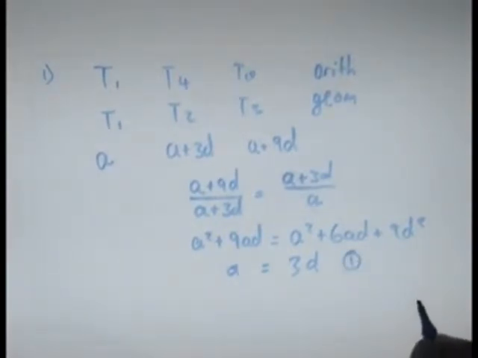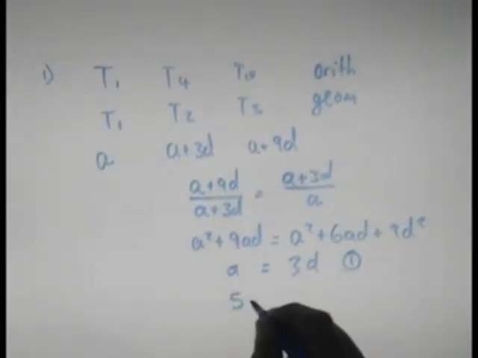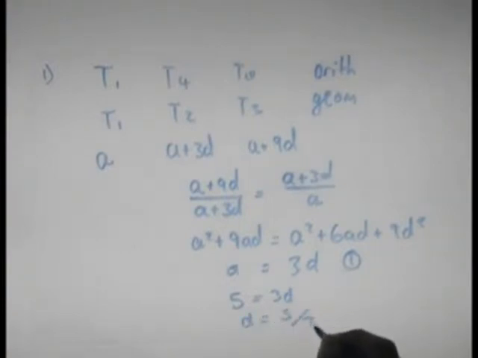Now look at the other bit of information I gave you. I said that our first term is equal to 5. That means that a is equal to 5, which is equal to 3d. That means that d is equal to 5 over 3. That is our common difference for the arithmetic.